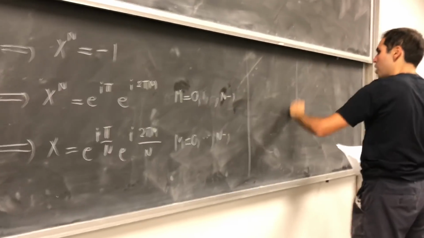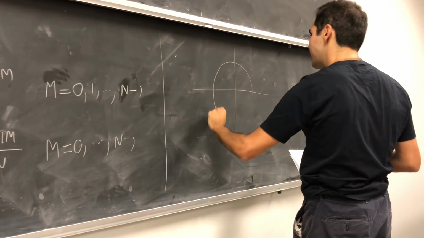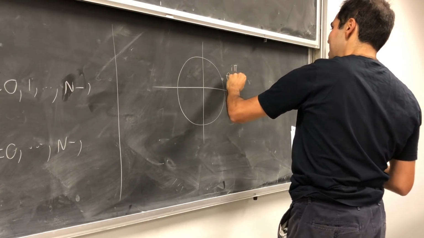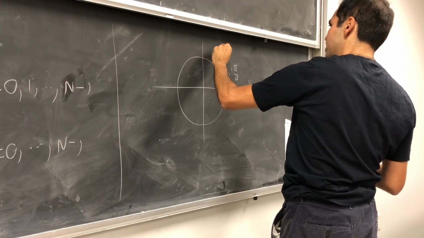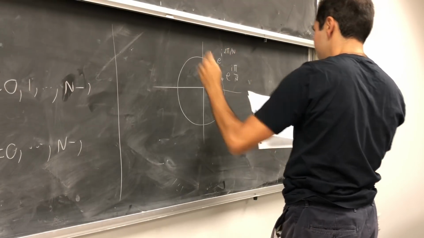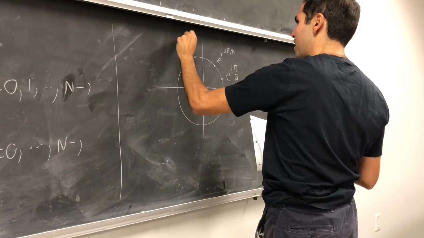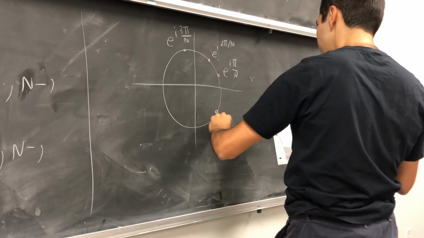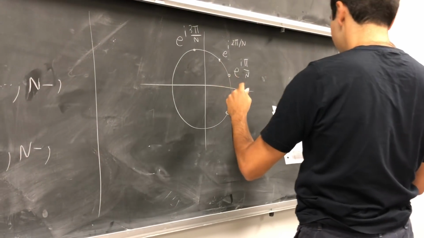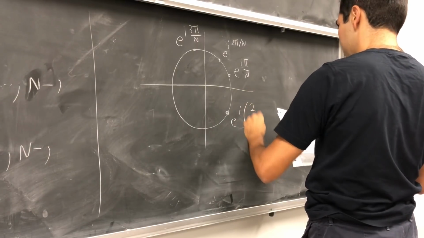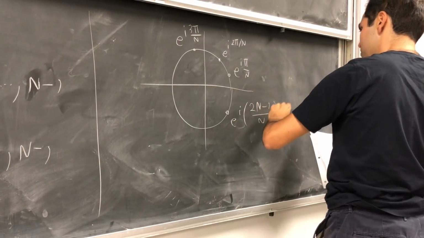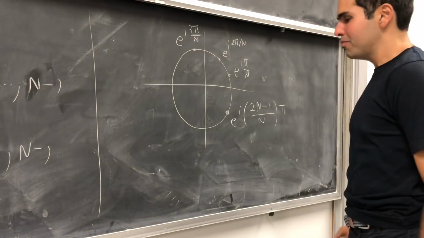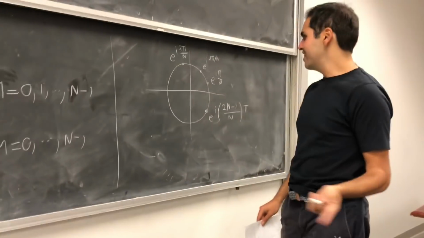If you want, in the complex plane we can write this as e to the i pi over n, where n is fixed, e to the i 2 pi over n, e to the i 3 pi over n, and so on, up to e to the i (2n minus 1) over n pi, which is the same as e to the minus i pi over n. And the question is, how will we evaluate that integral?